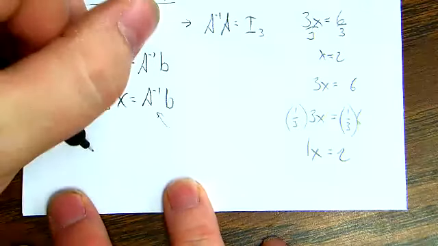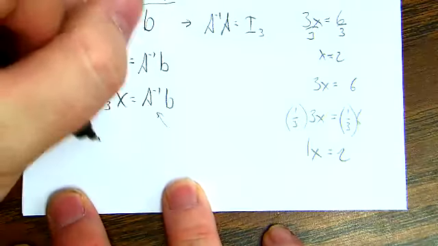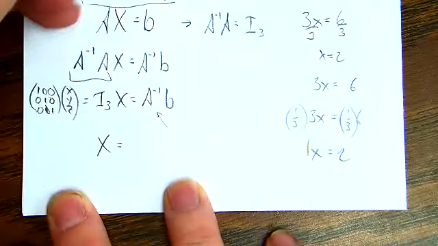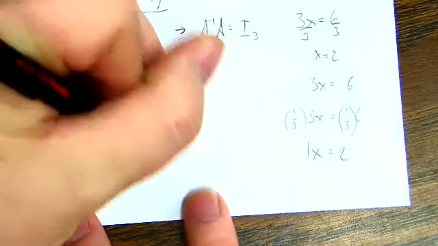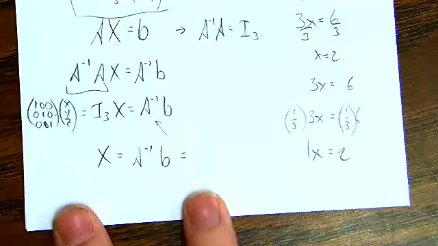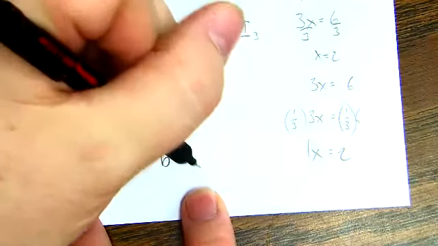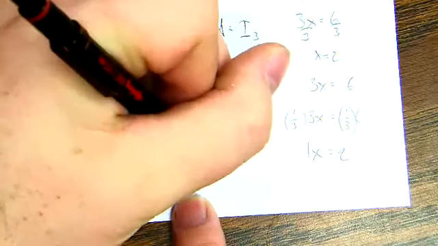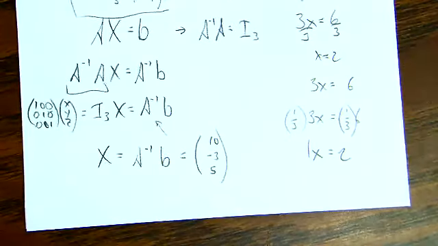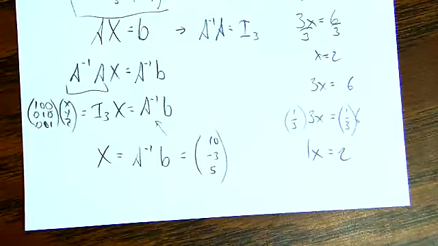And then I can just type into my calculator whatever I stored as A, do A inverse and multiply it by my matrix B. And when I do this, I will indeed get 10, -3, 5 as A inverse times B.